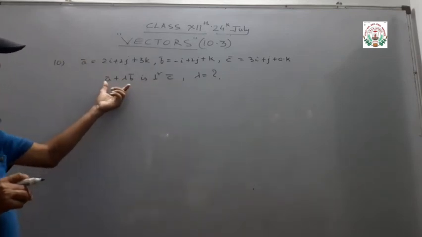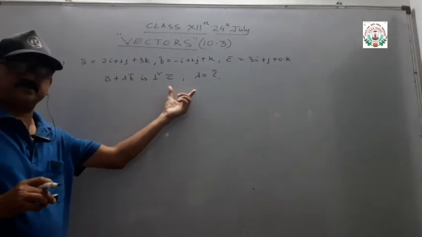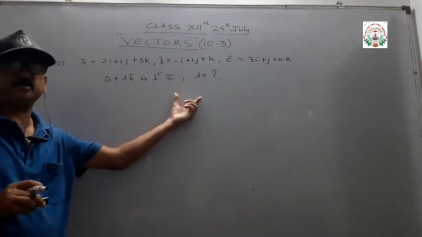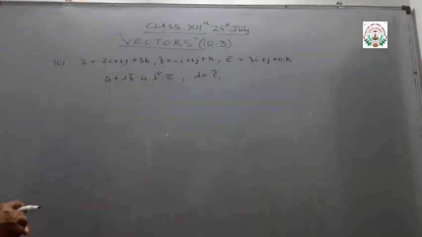When A vector plus lambda B vector is perpendicular to C vector, it means that their scalar or dot product will be equal to 0.